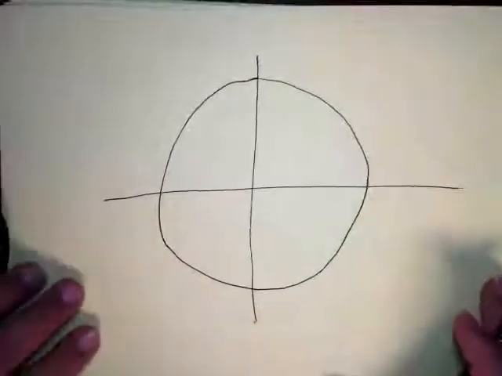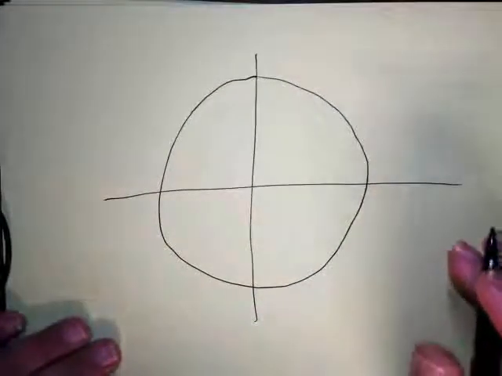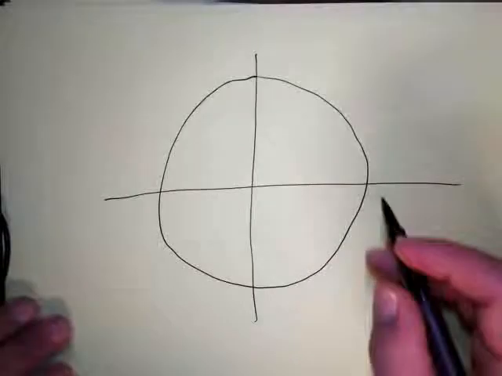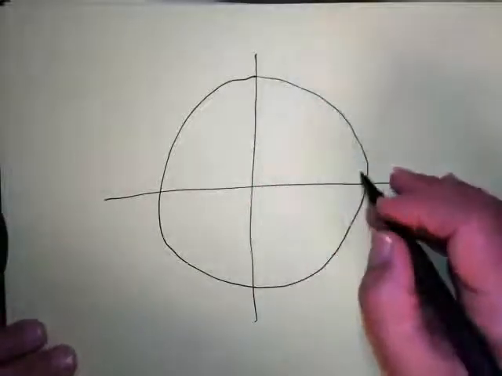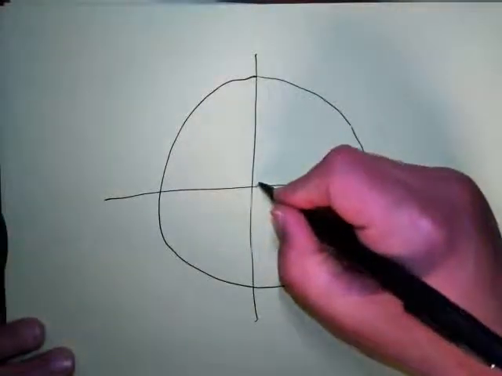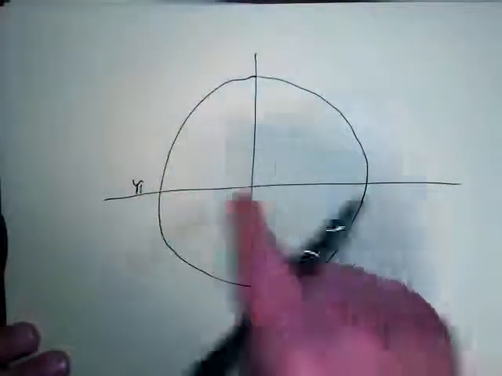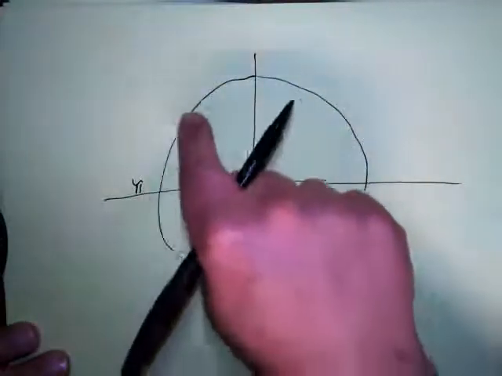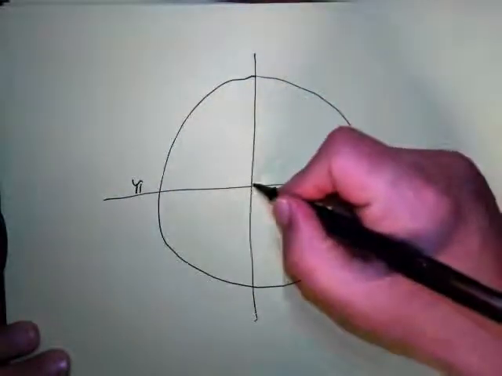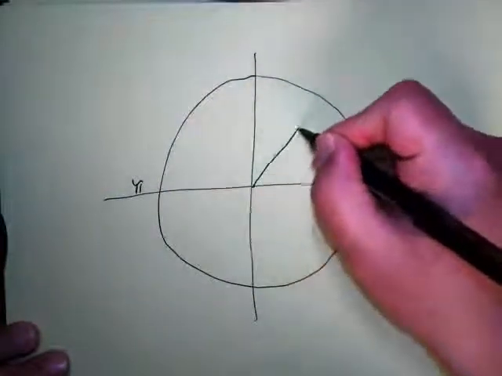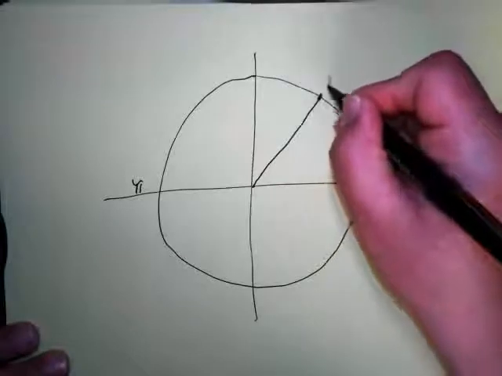Or let me do one with the pi's over 3. A pi over 3 is where I take that 180 degrees, here's pi, and divide this into thirds. If I divide 180 into thirds, I get 60 degrees.